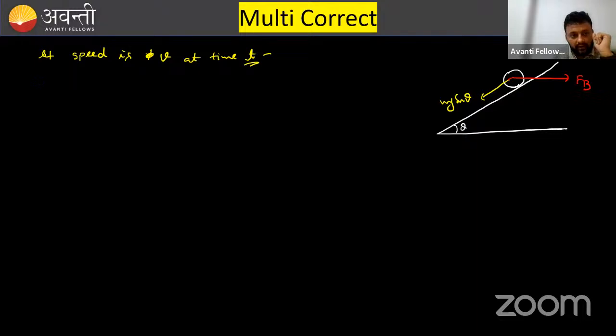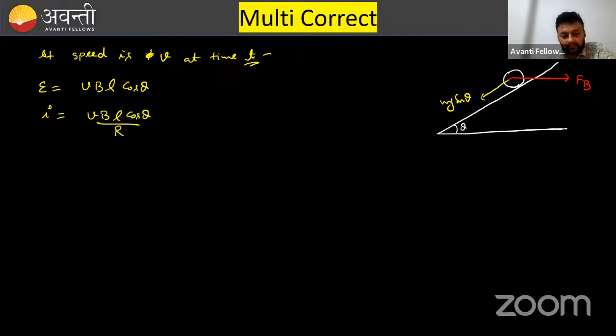Now, what will be the EMF? You will say again, the EMF will be the same, V B L cos theta. Current will be I is equal to E by R, that is V B L cos theta by R. This is current.